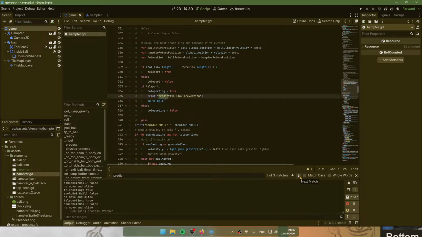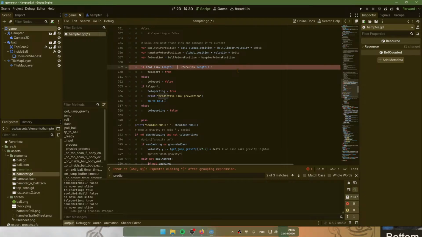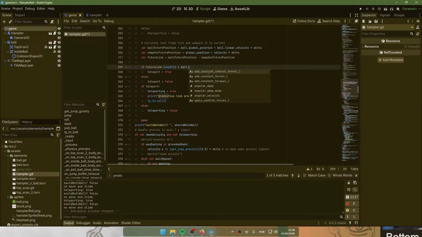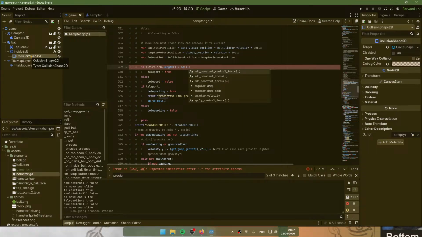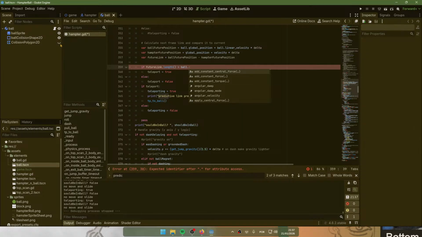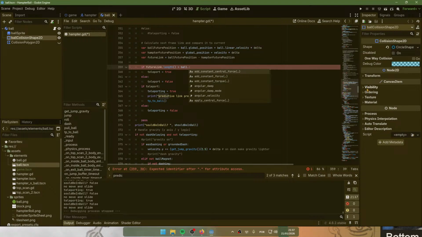Alright, so if this... if future length... Hold on, but that doesn't make any sense. Okay, it's bigger. It's gotta be like the radius. The half of the radius, right? Hold on. What is the thing, dude?